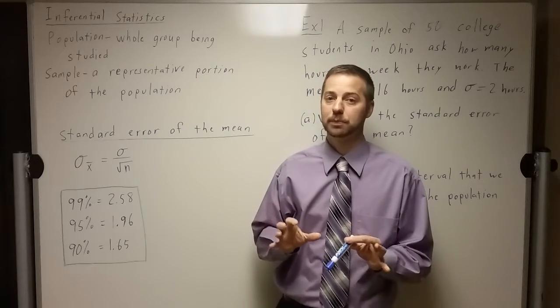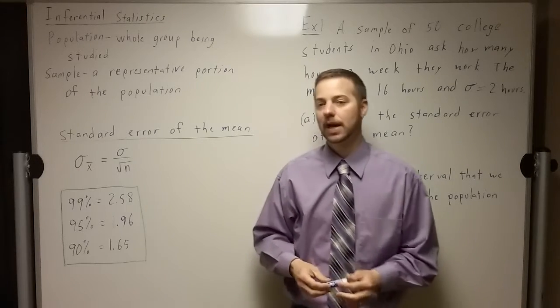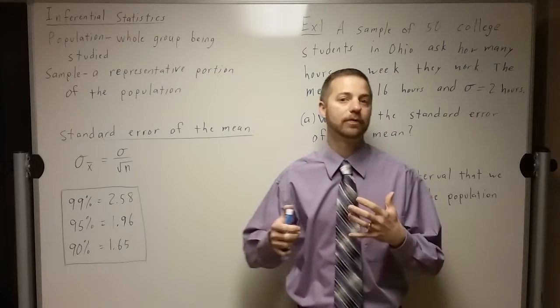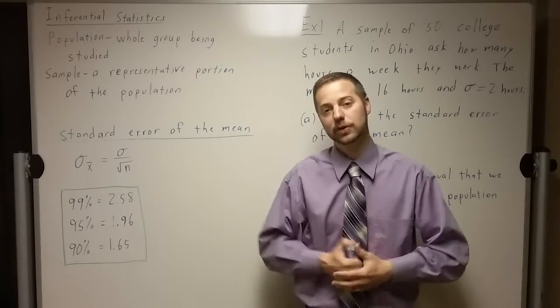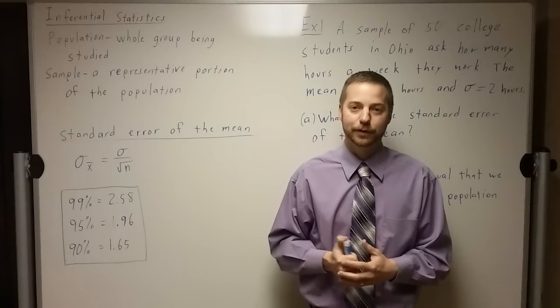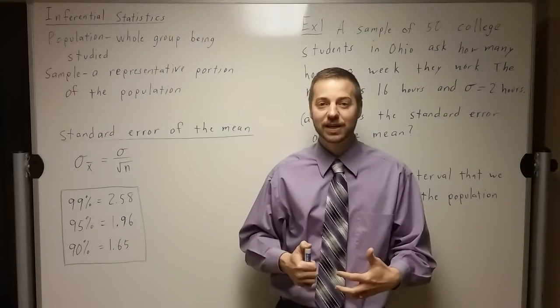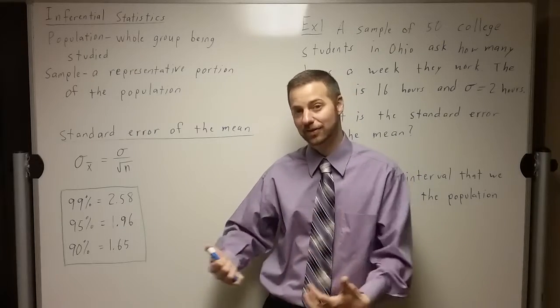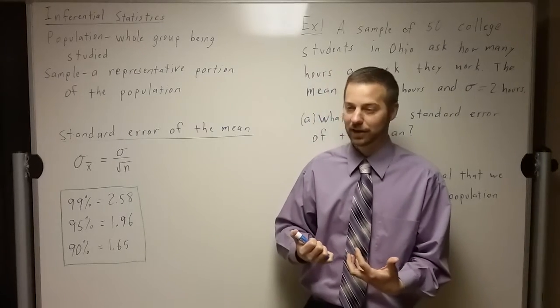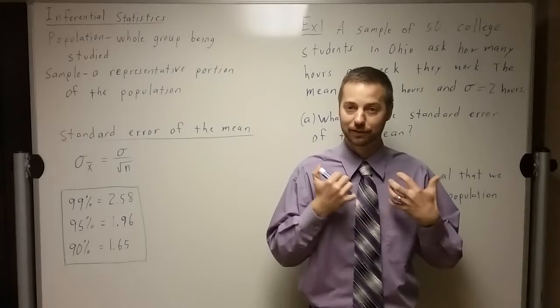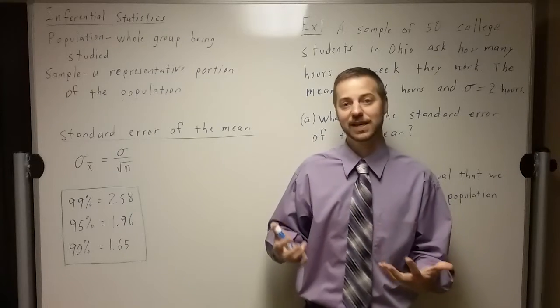So let me give you some examples of some biased surveys. If you wanted to find the average height of men in the United States, however, you went around and asked NBA players, you're going to get a very biased answer because the average height in the NBA is not the average height of a normal man in the United States.